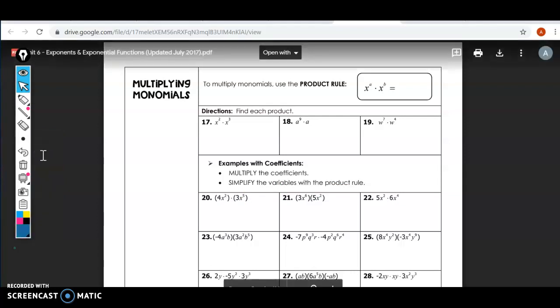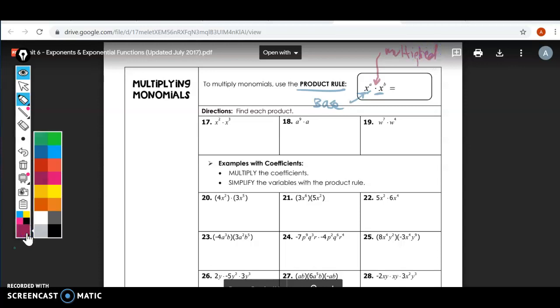The product rule states that if we have two bases, the base is kind of like the bigger number attached to the exponent. If two bases are the same and they're being multiplied, here you see the multiplication, what we do with the exponents is we add them.